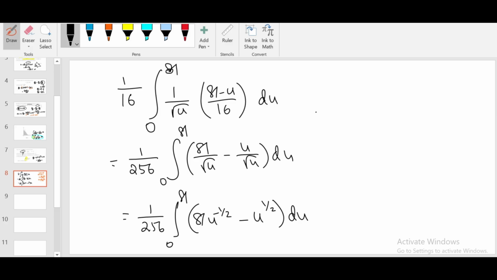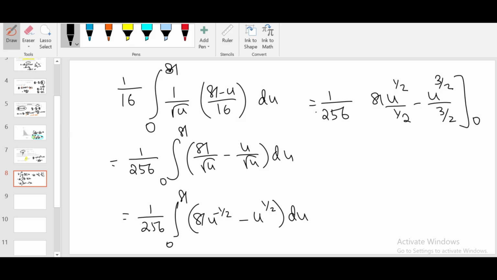So when we integrate it, we will get 1 over 256, 81 u power minus half plus 1, which is positive half, by positive half, minus u power half plus 1, which is 3/2, by 3/2. The limit is 0 to 81. When you sub in the lower limit 0, everything becomes 0.